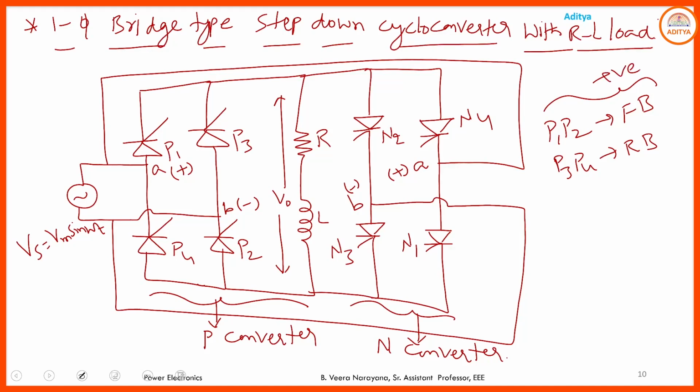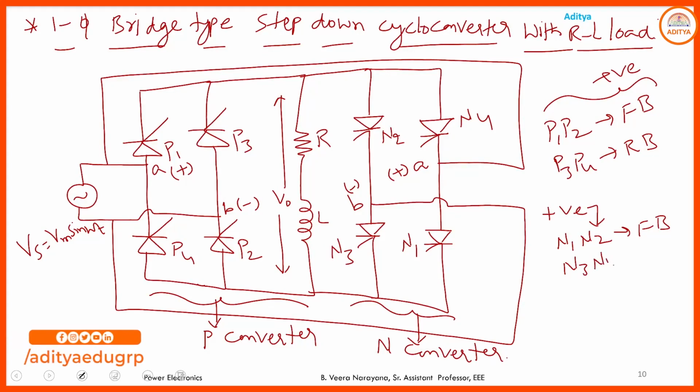Coming to the N converter, A is positive now, then N1, N2. During the positive half cycle, in the N converter, N1, N2 are in forward bias and N3, N4 are in reverse bias.